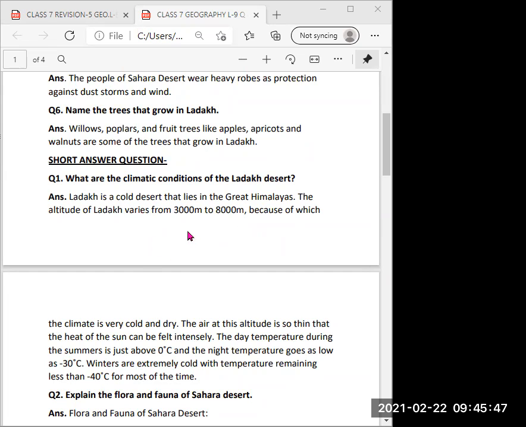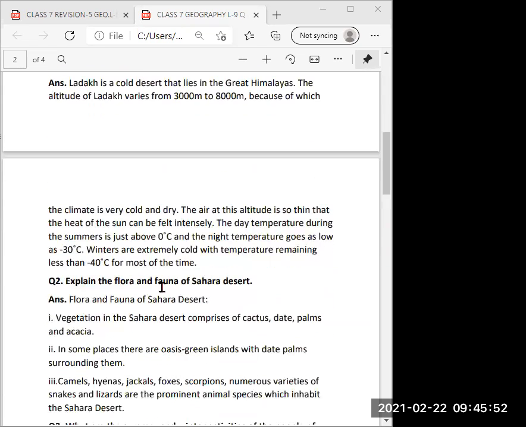So the height varies from 3,000 to 8,000 meters, because of which the climate is very cold and dry, and because of its height, the climate is also very cold and dry.